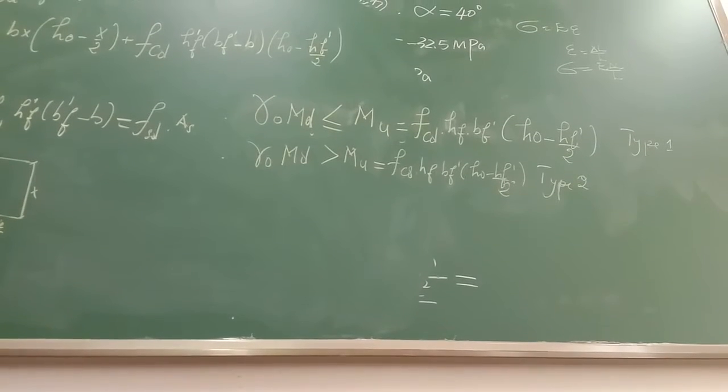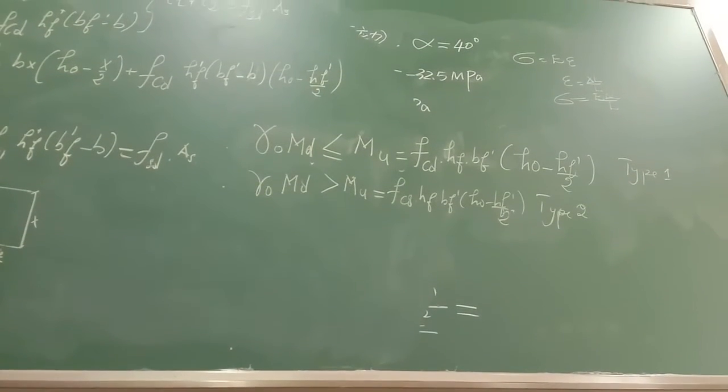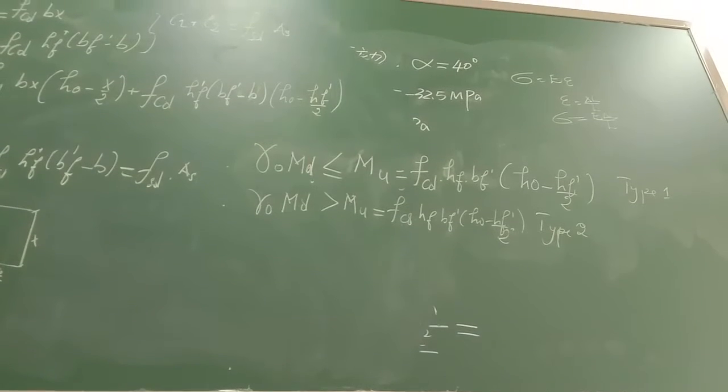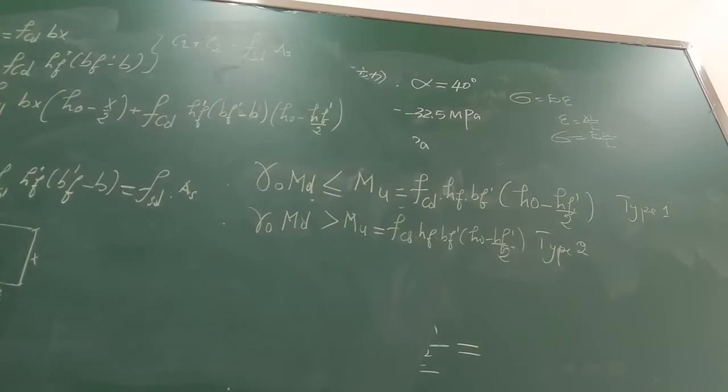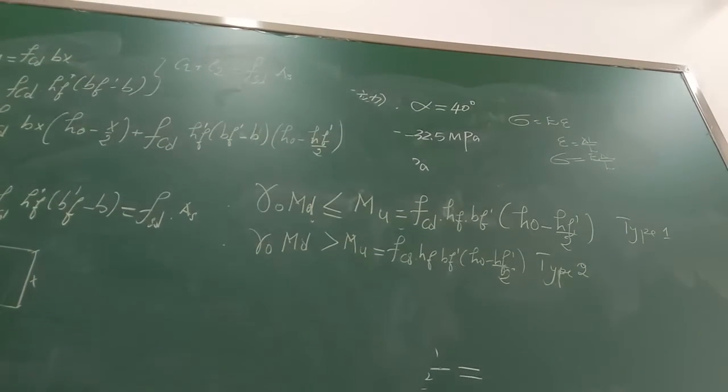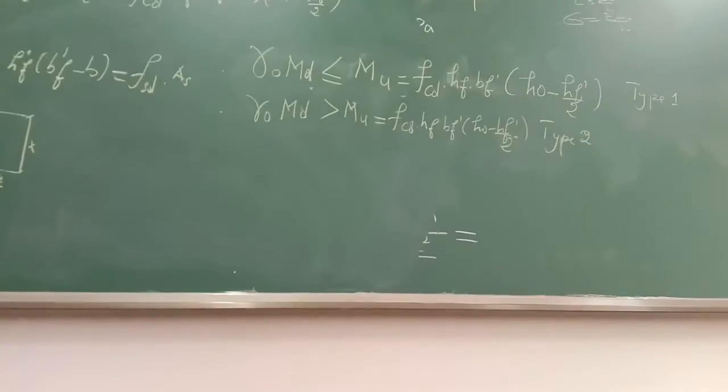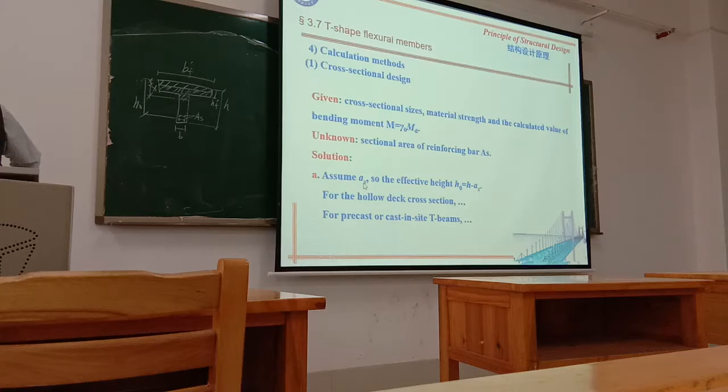So the calculation, first step: once you are given the cross section size, the T-shape size, material strength, and the calculated value, we get H0. Assume AS is the same as for the rectangular shape.